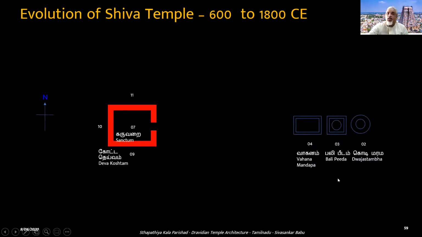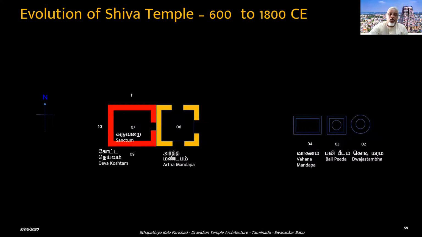Then later on, as the crowd and other things increased, for comfort and for convenience, they added another mandapa called Ardha Mandapa, which is an addition to the main Vimana. This is primarily meant for people doing puja and coming, and then a shelter for prayer.